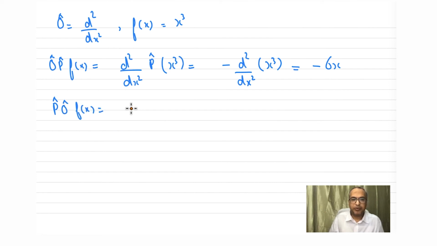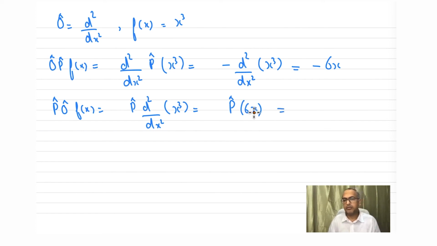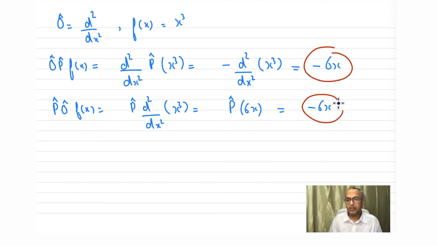f(x). We have parity on d square dx square on x cube. Now the second derivative will be 6x with parity. Now x is replaced by minus x because of parity, so what you will get is minus 6x. So notice now that these two terms are the same, right?